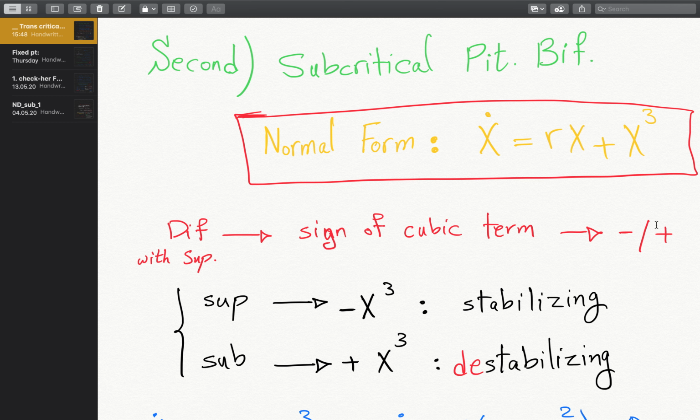Instead of minus, now you have plus. So in supercritical you have minus x cubed, and in subcritical you have positive x cubed. The idea is that this cubic term is stabilizing, but in subcritical it is destabilizing that family of fixed points.